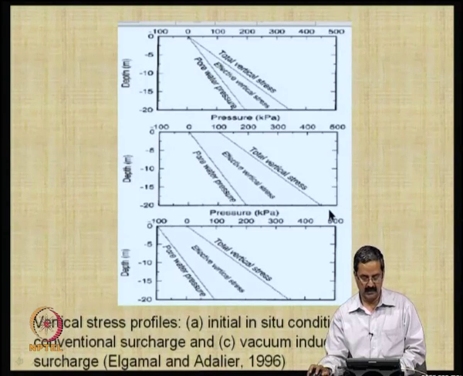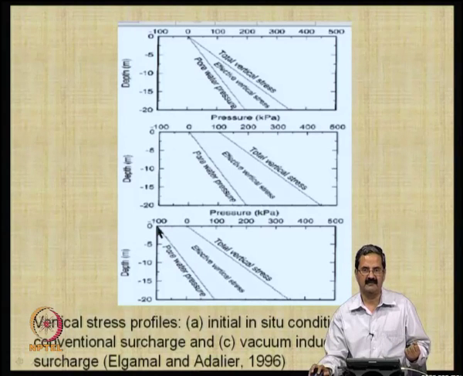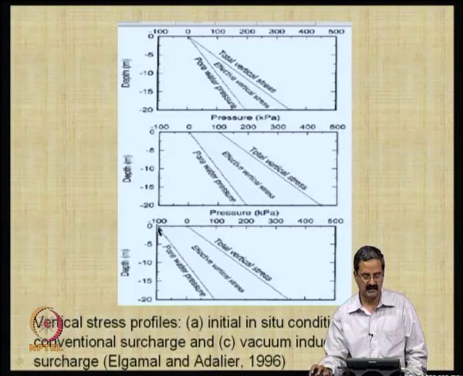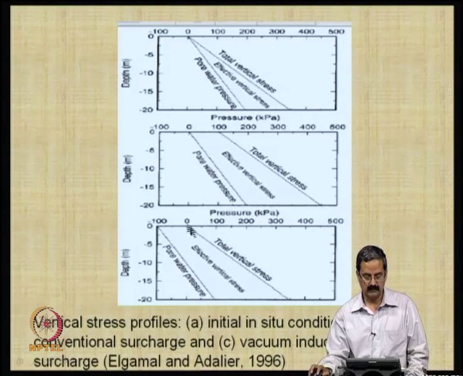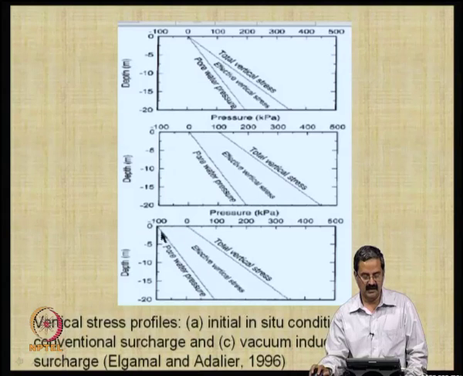Now, with vacuum assisted surcharge, you can go up to minus 1 bar. 1 bar is the pressure that you can apply, so minus 100 kPa. This is the region. So, you can clearly see that you have increased the effective stresses, in the sense that you are able to create an effective stress field using this suction. That is what it means.